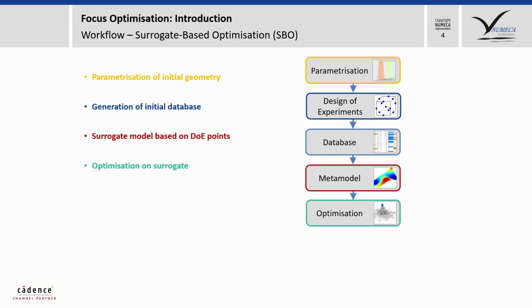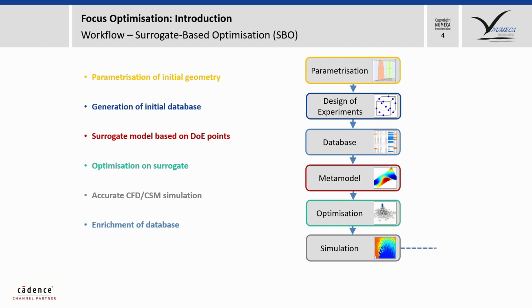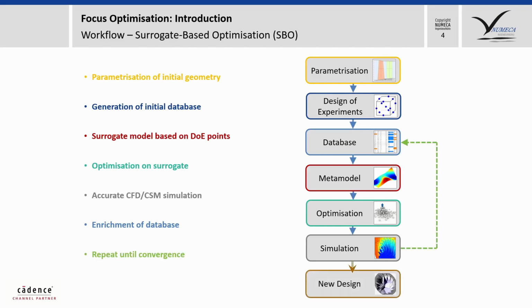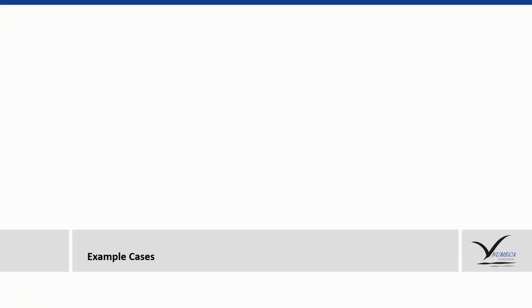On that model we do an optimization, which is again very fast, and of the best results we do a CFD CSM simulation. And by that we enrich the database, we start that loop again and repeat that until convergence, and finally we get a new design. To show you what is possible and also to get your full attention, I show you some example cases.